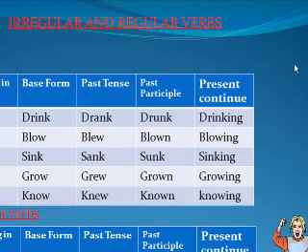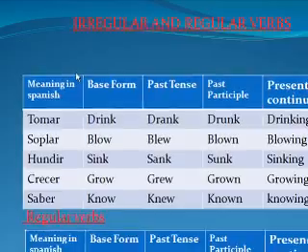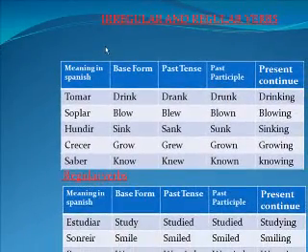And the last, students, irregular and regular verbs. Ustedes tienen una lista de verbos para que puedan estudiar, principalmente verbos irregulares. Let's start. Meaning in Spanish: tomar, base form drink, past tense drank, past participle drunk, present continuous drinking.